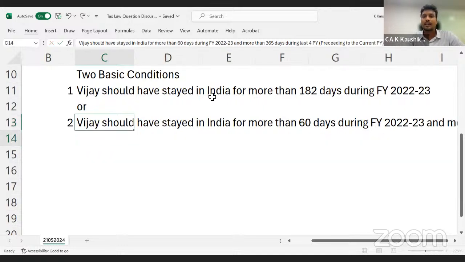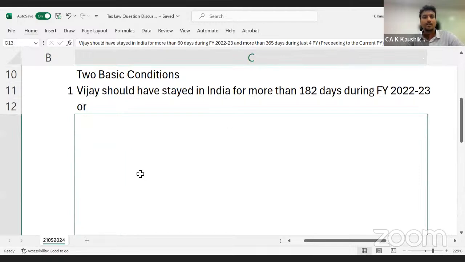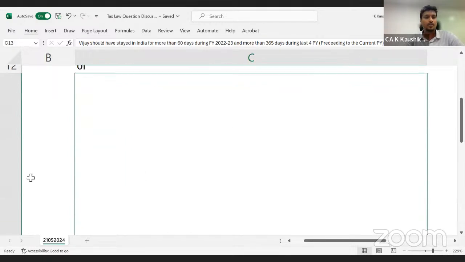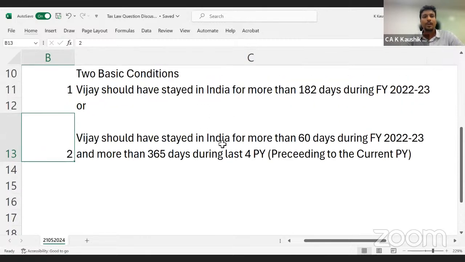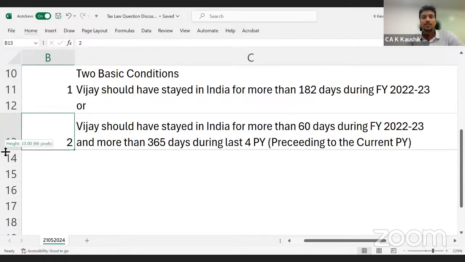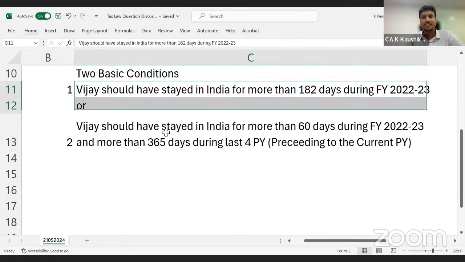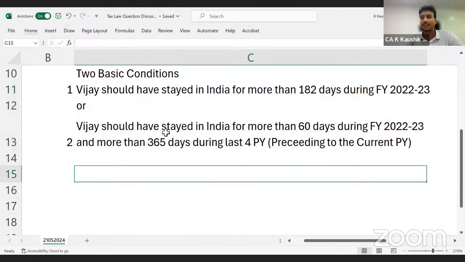Prior to 22-23, in the last 4 years, he should have stayed for more than 365 days. If he satisfies these conditions, then he will be considered resident in India.